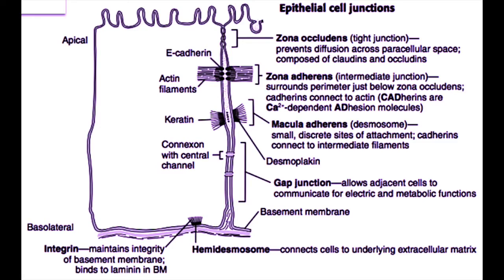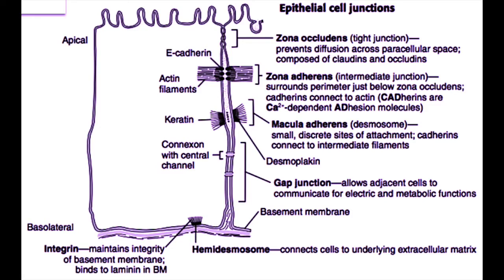So the macula adherens, this third type, is also known as a desmosome. Now, the desmosome, or the macula adherens, is the most important of these junctions in terms of literally sticking two epithelial cells to one another. The desmosome is also composed of cadherins, just like the intermediate junction or zona adherens, which we just discussed.